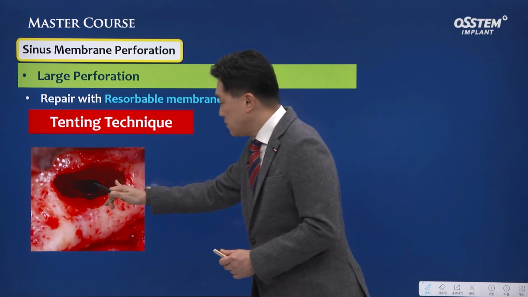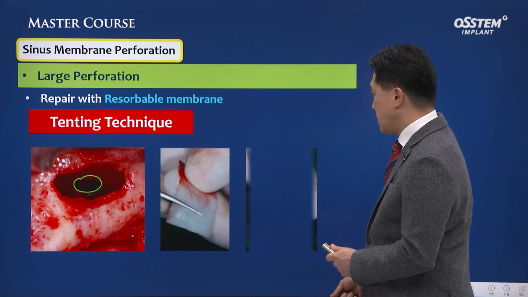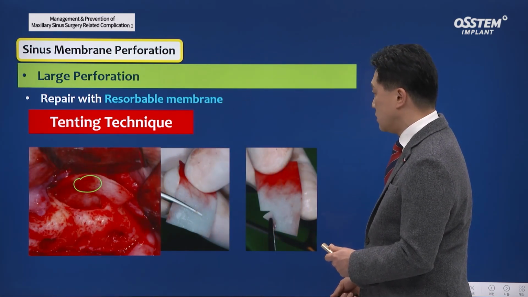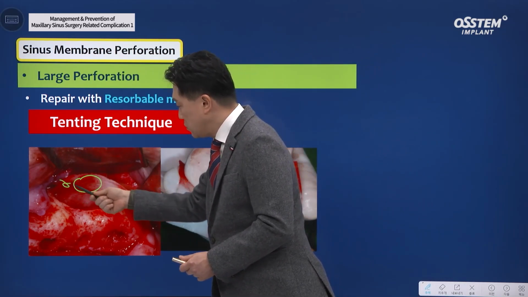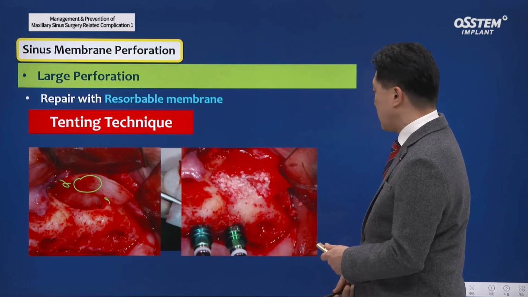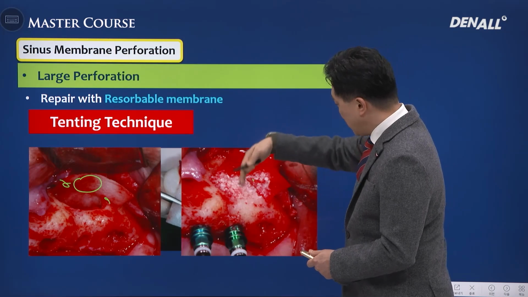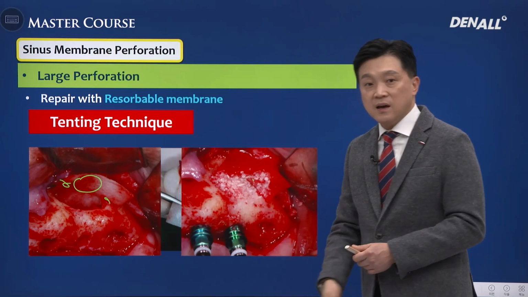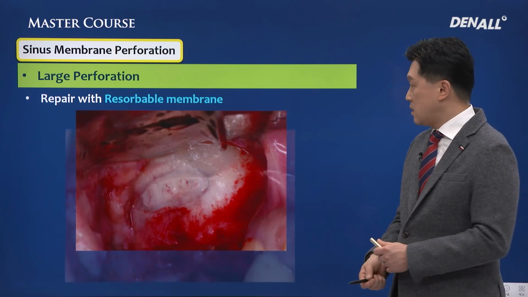When there's a perforation, you isolate the perforated area and make a hinge. The hinge portion is positioned here in the sinus window. You make sure that it does not go in further, and below that, you position the graft materials.